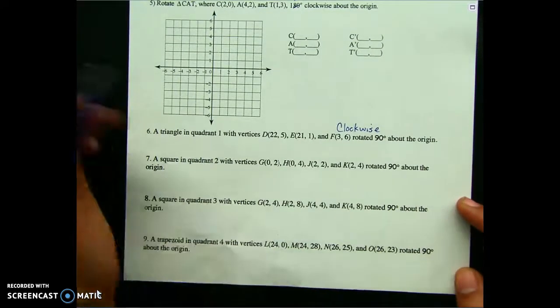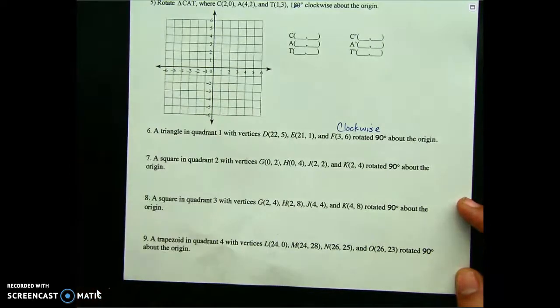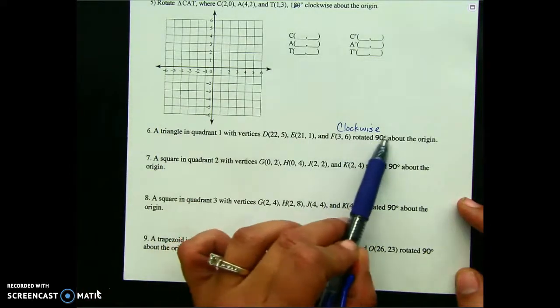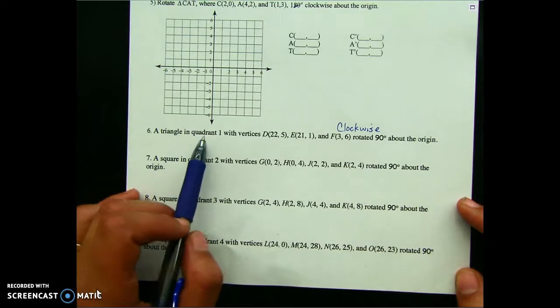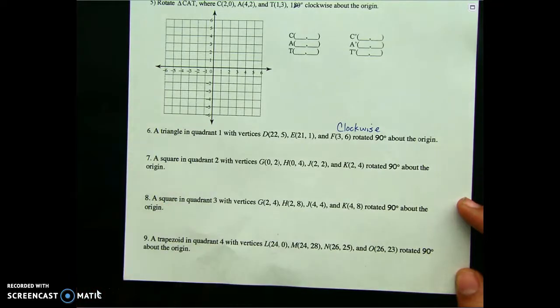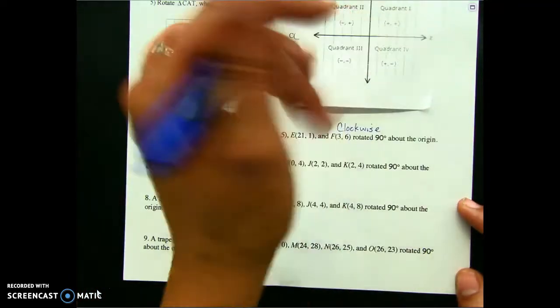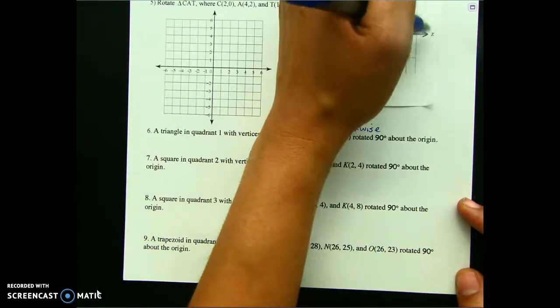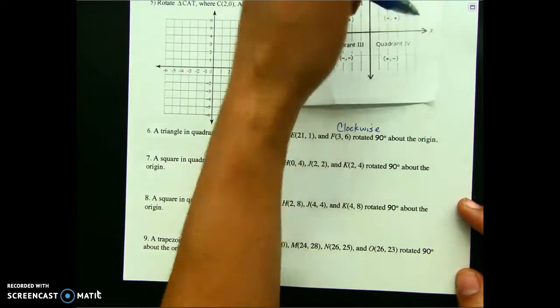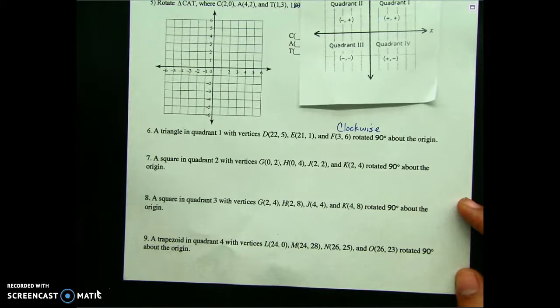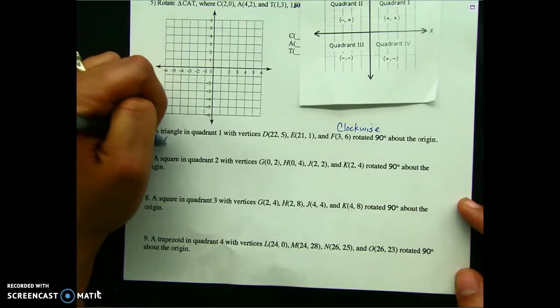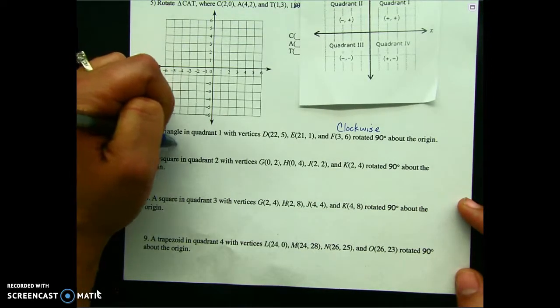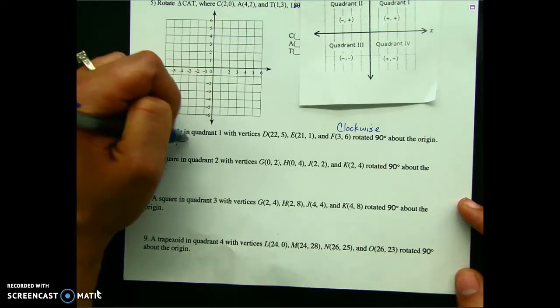If I pick this one, D, I am rotating clockwise about the origin, and I'm in quadrant 1. If I go clockwise, I am now in quadrant 4. So that means my ordered pairs need to be positive on the x and negative on the y. Let's go ahead and do it.